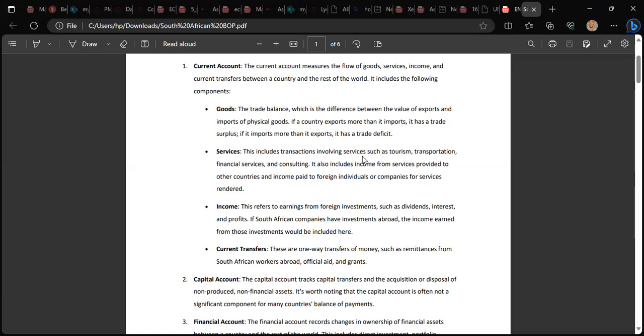So these are the services that we are selling to external, or let me not say external parties, selling to the rest of the world and buying from the rest of the world. So these are going to be recorded here as services. An example of a service, let's take, for instance, I'm doing tutoring services.